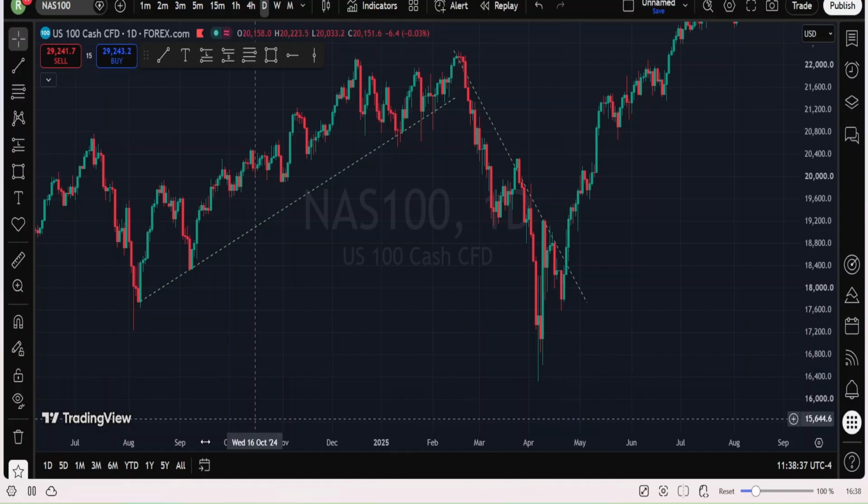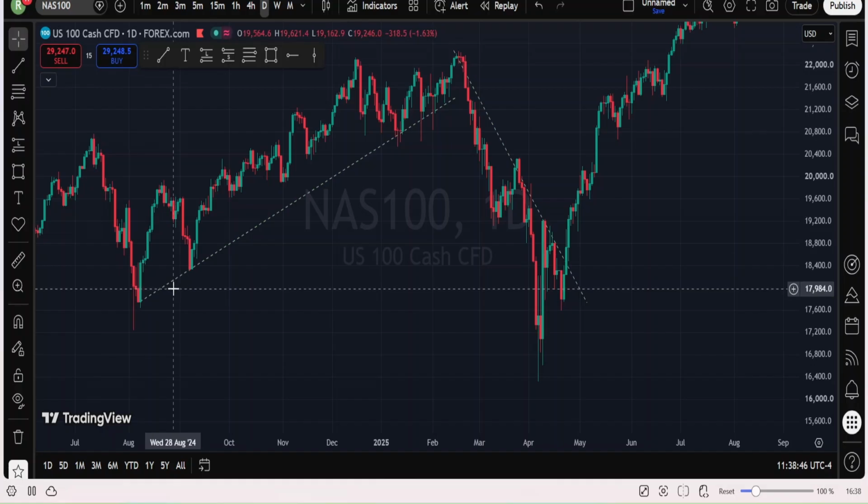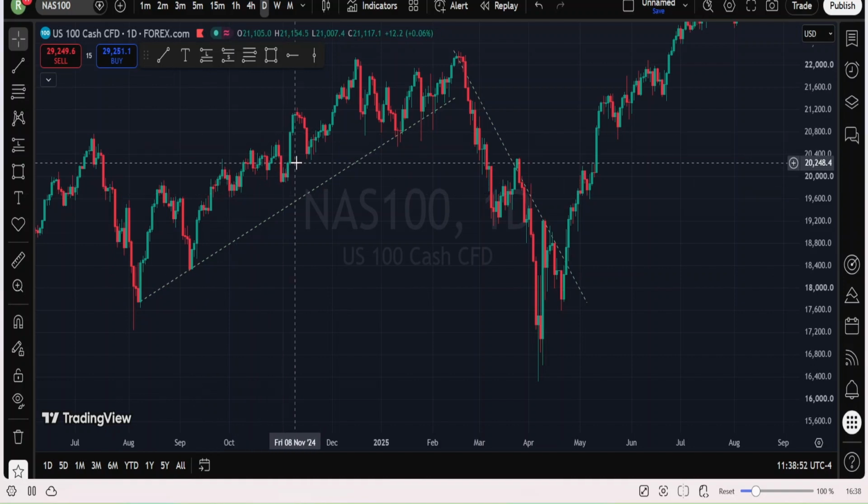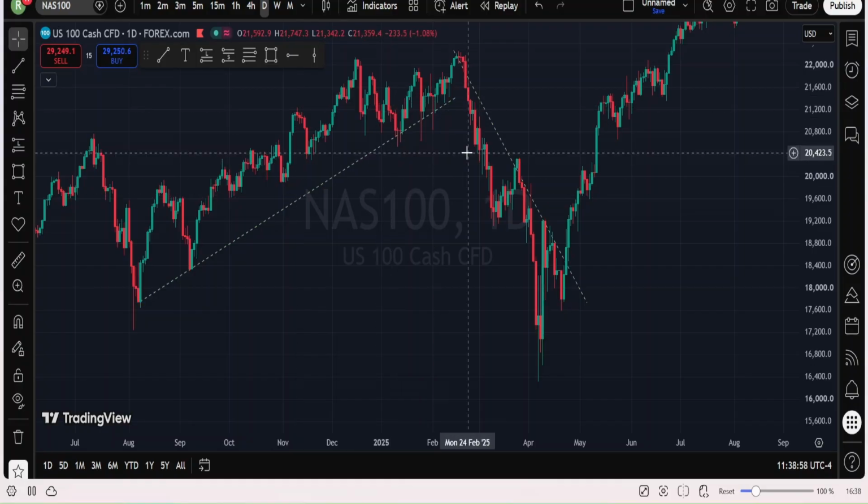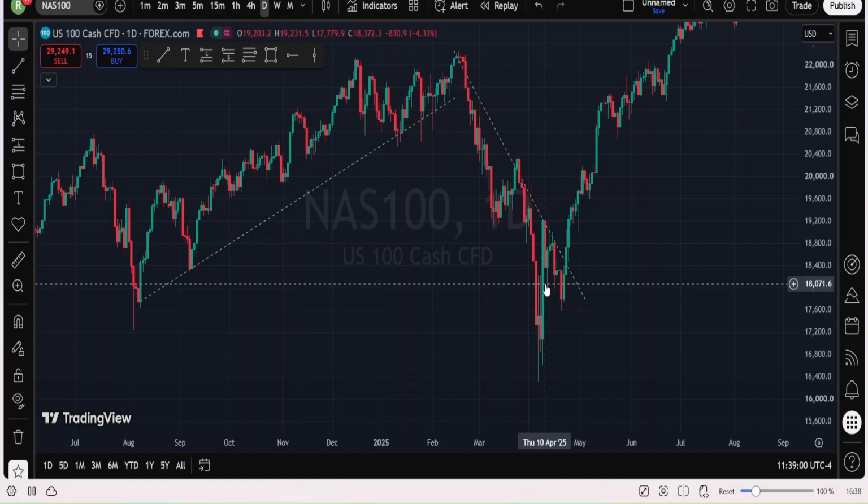So that is what we call the market structure, which means which side the market is going. Is the market in a continuation of making higher highs or lower lows? If the market is in a continuation of making higher highs, we say that is an uptrend. If it's making lower lows, we say the market is in a downtrend.